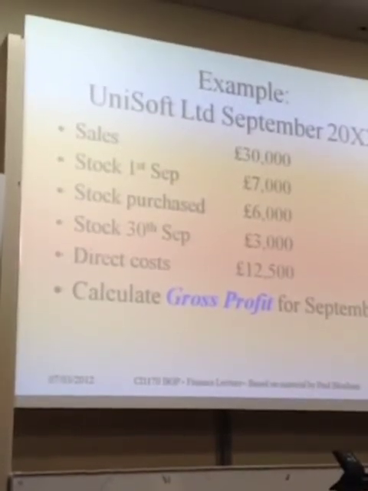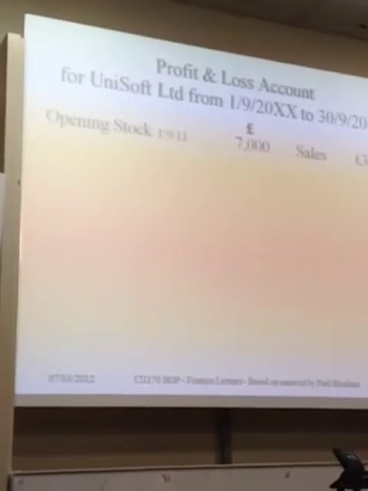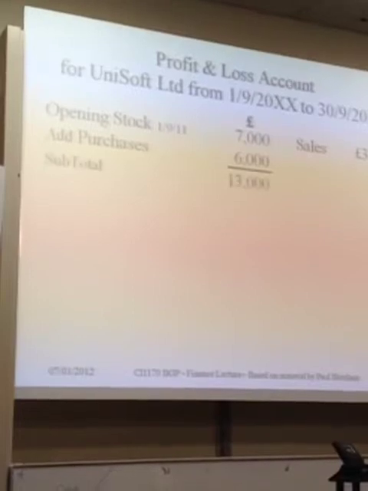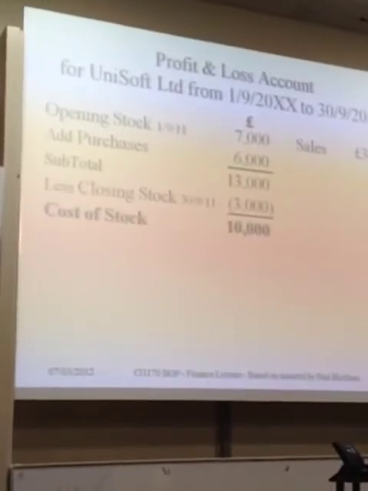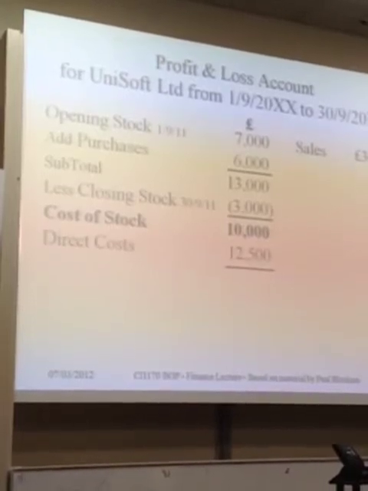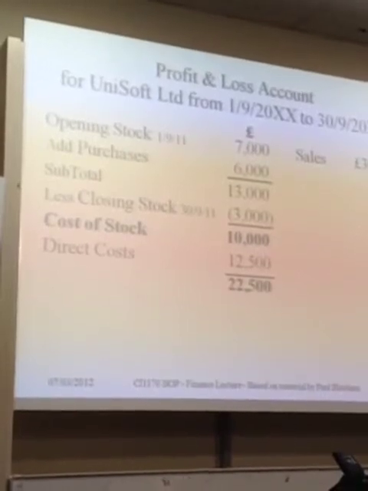Just practice. So, let's have a look. Opening stock. Purchases. Less closing stock. Gives a cost of stock figure, £10,000. Direct cost, 12,500. Total 22,500.